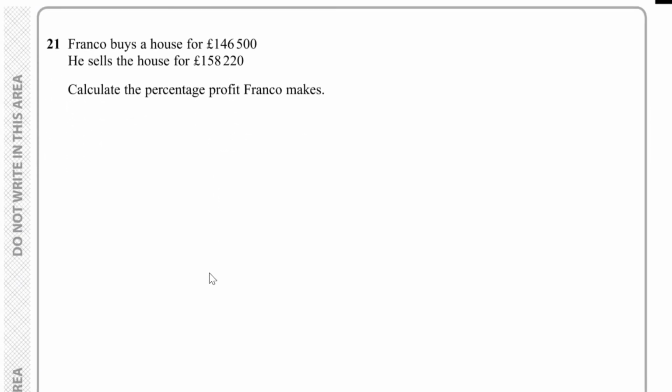Now question 21. Franco buys a house for £146,500. He sells the house for £158,220. We have to calculate the percentage profit. Well, first of all, percentage profit, that's equal to the change over the original multiplied by 100.